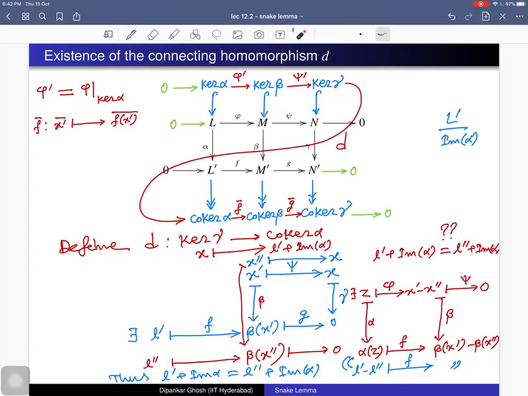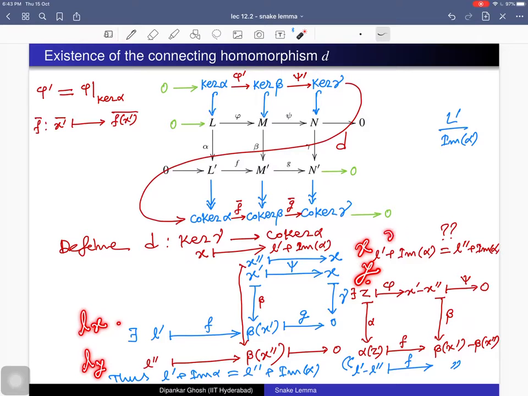We have a well-defined map, and next we should verify that this map preserves addition and scalar multiplication. Just by the construction we can verify that easily. For example, suppose you have x, and for x its image is this one. Now if you consider some y, then for y also you will have some ly, and for x you have lx here.